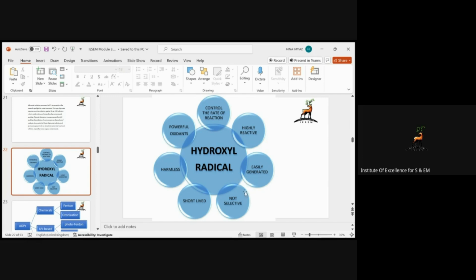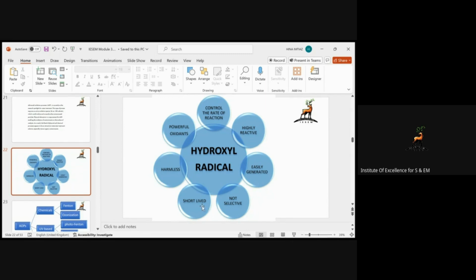And again, it is not very selective. You are not very keen to select. You can select any kind of chemical which can produce the hydroxyl radical. So it is not a very selective process, and it is short lived.